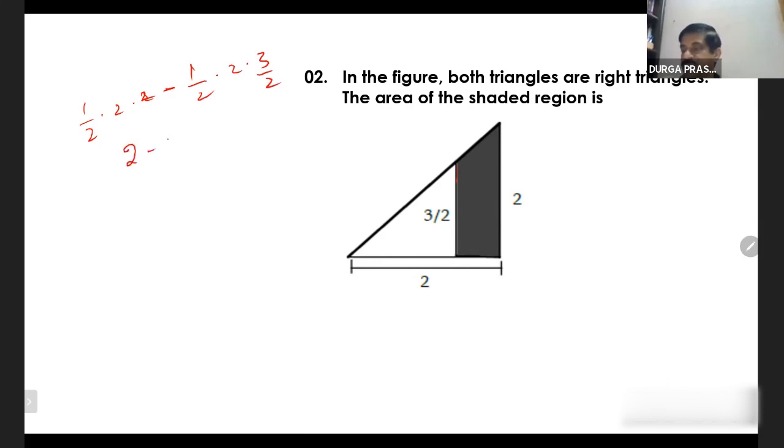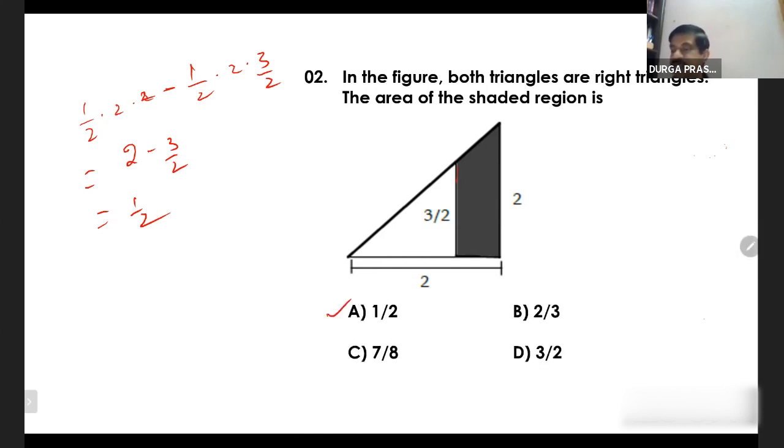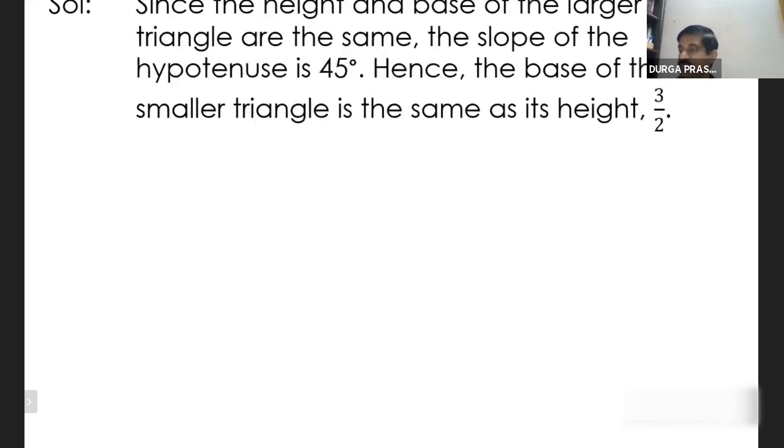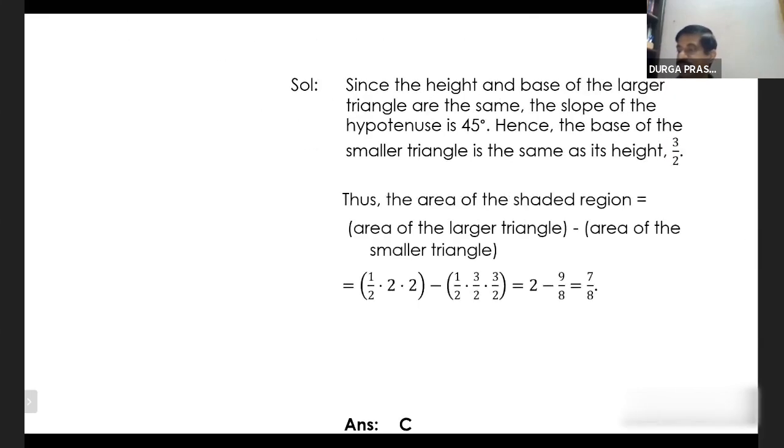So this is 2 minus 3 by 2, which is 1 by 2. Option A. Let us go to the next question.